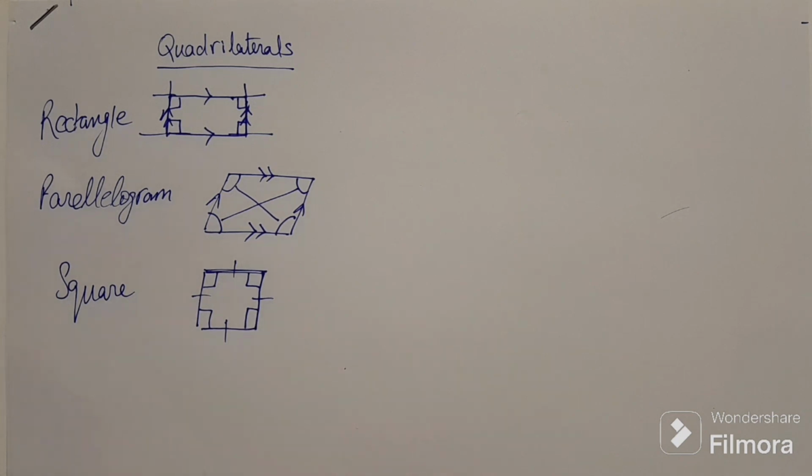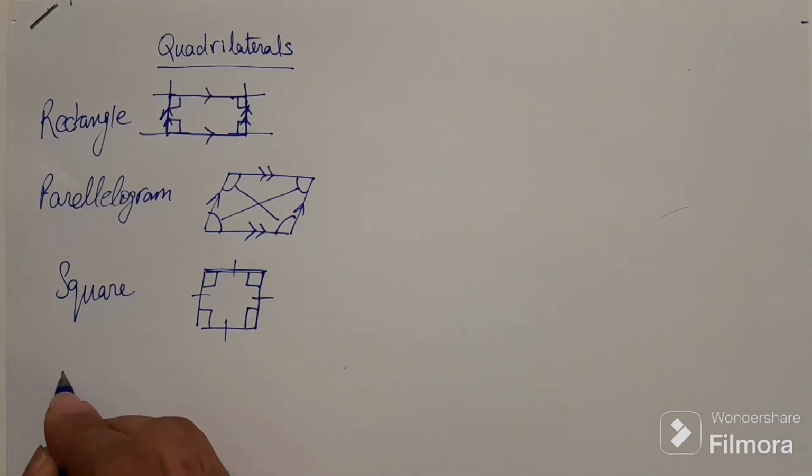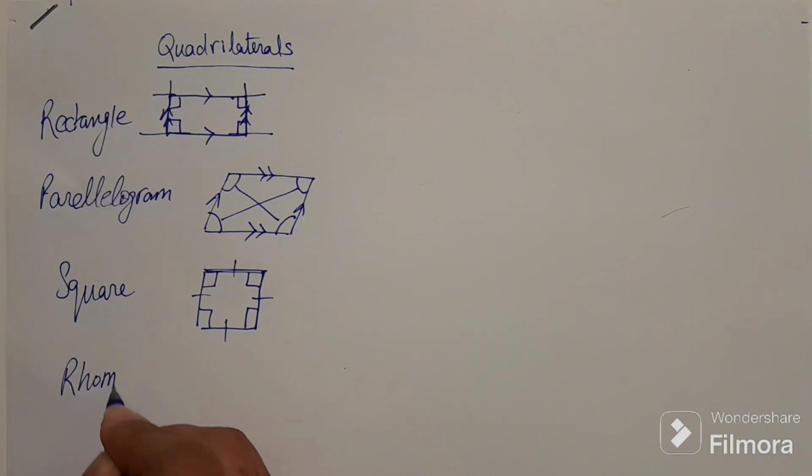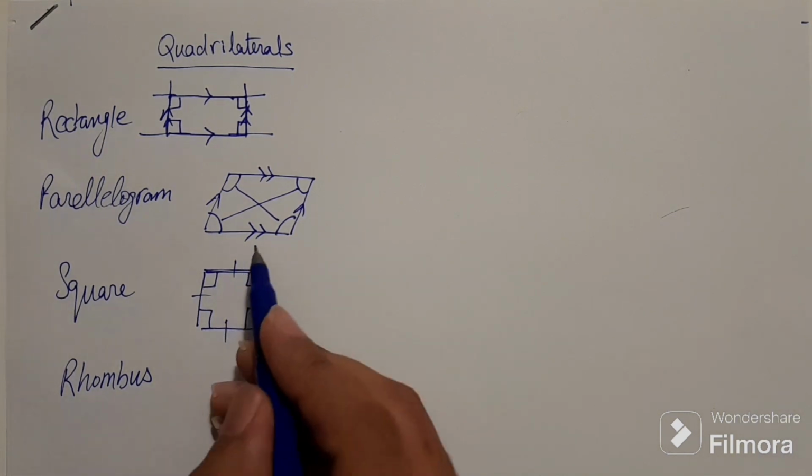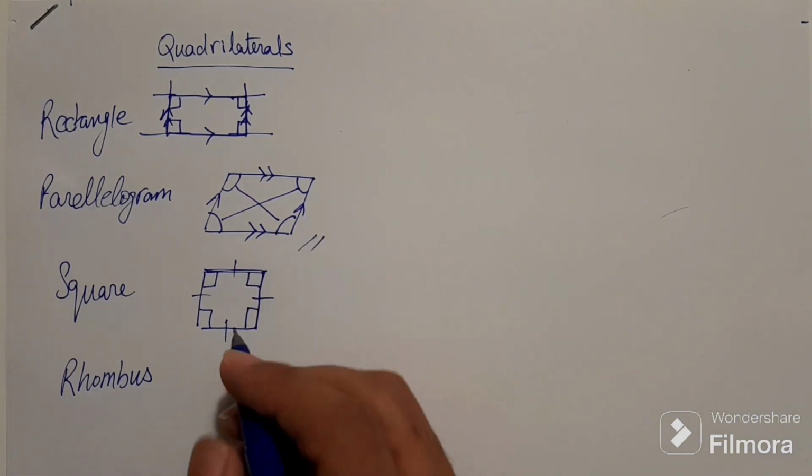Then the next type of quadrilateral is the rhombus. In a rhombus all sides are also equal, and the opposite sides are parallel and equal, and the opposite angles are also equal, same as the parallelogram shown earlier.